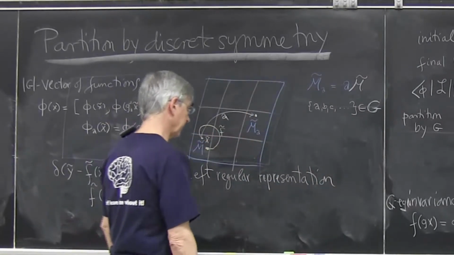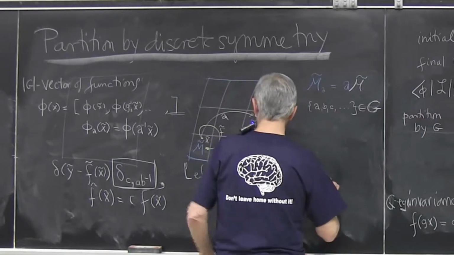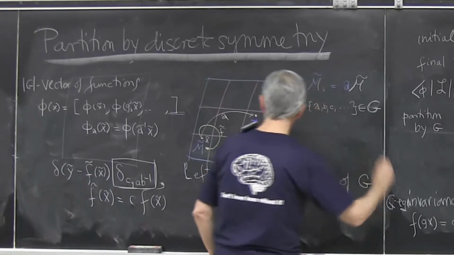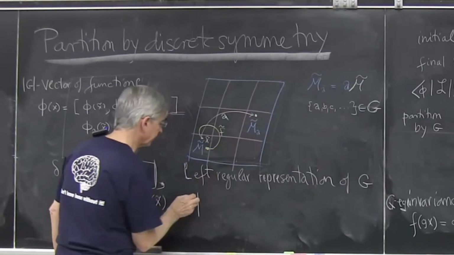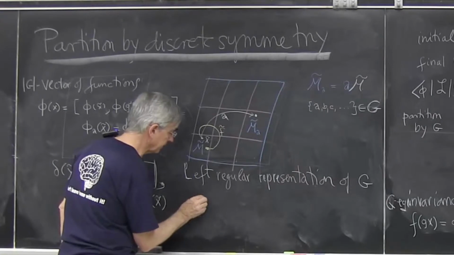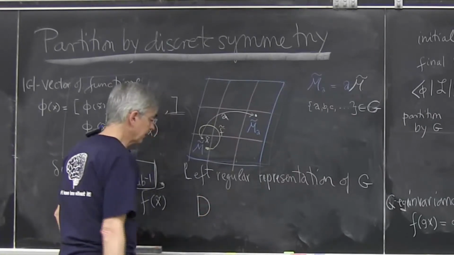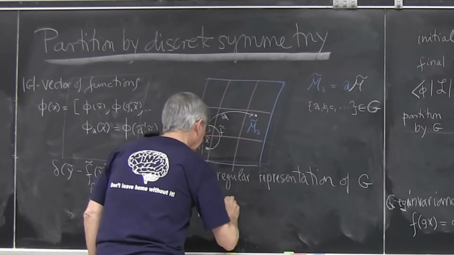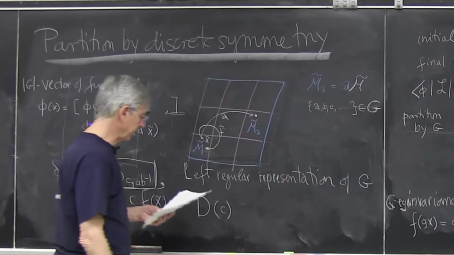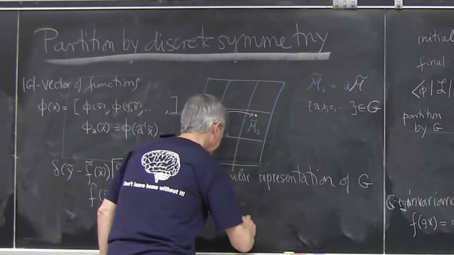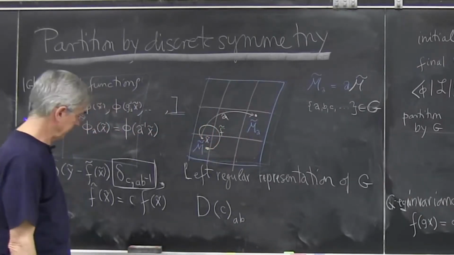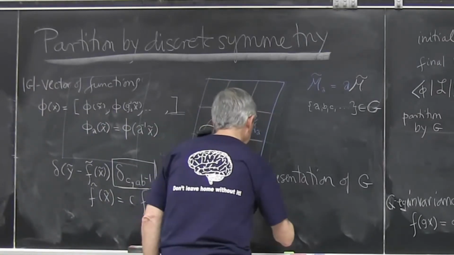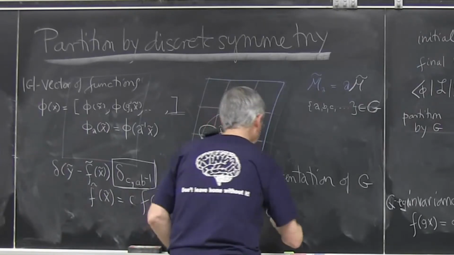Mostly you don't have to worry about whether it's left or right, but sometimes you do, of discrete group G. In crystallography, quantum mechanics, etc., they tend to use the letter D for this kind of matrix. For group operation C, this is a matrix whose two labels are these guys here. It's just a matrix of zeros and ones.